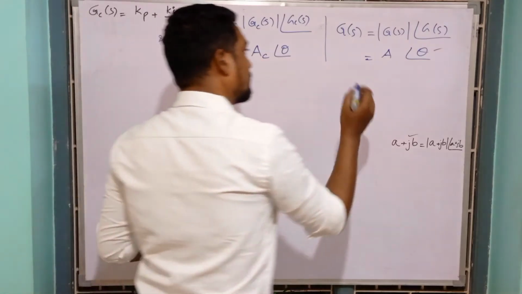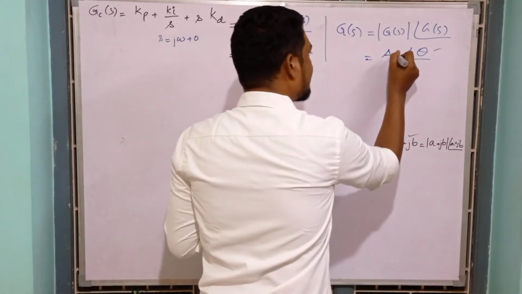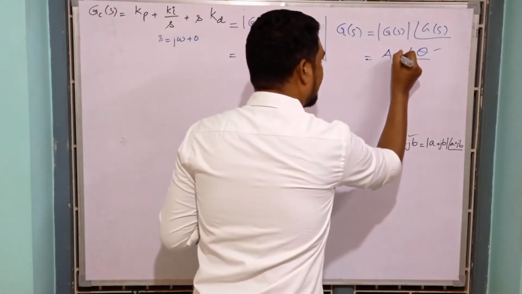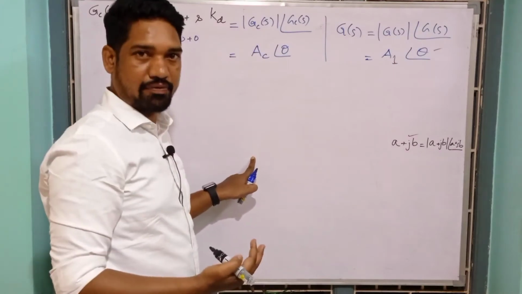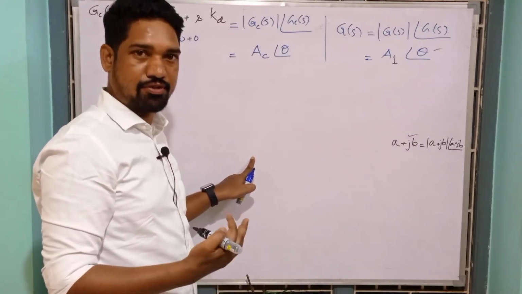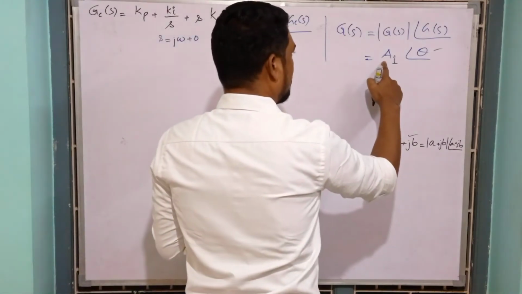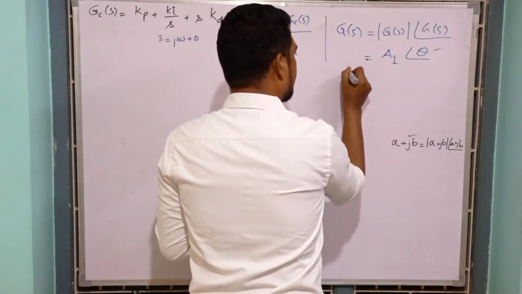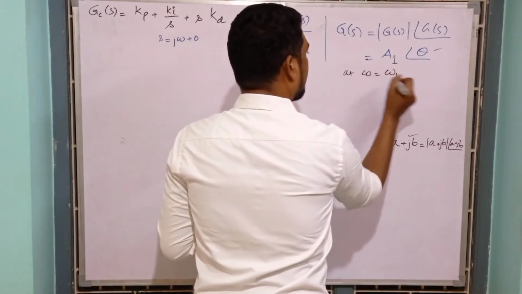So we need a suffix for this one, saying it's not simply A, but A1, and it's somewhat related to the design part. So this A is the magnitude of the open loop transfer function at omega equal to omega 1.